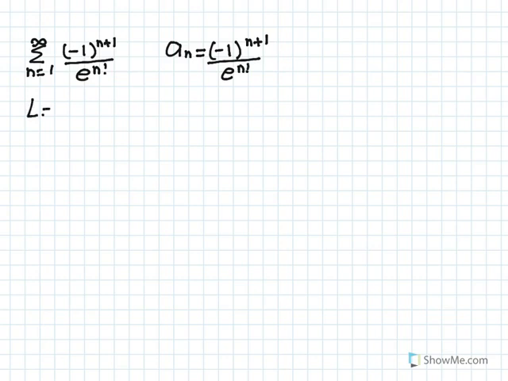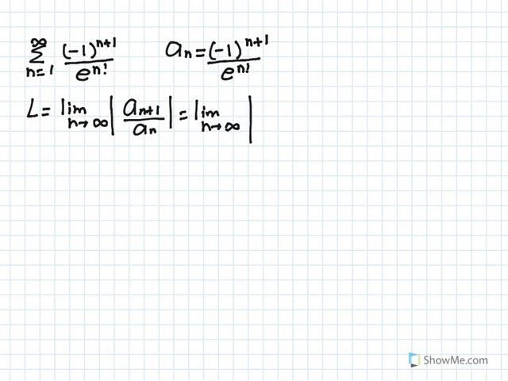So L is equal to the limit as n approaches infinity of the absolute value of a_(n+1) divided by a_n. This is equal to the limit as n approaches infinity, absolute value. Now plug in n plus 1 wherever you see an n.